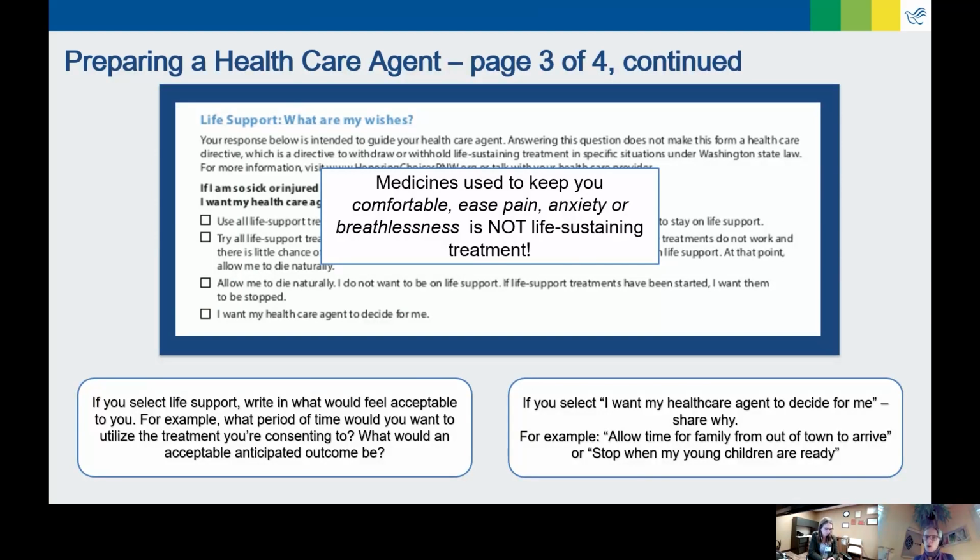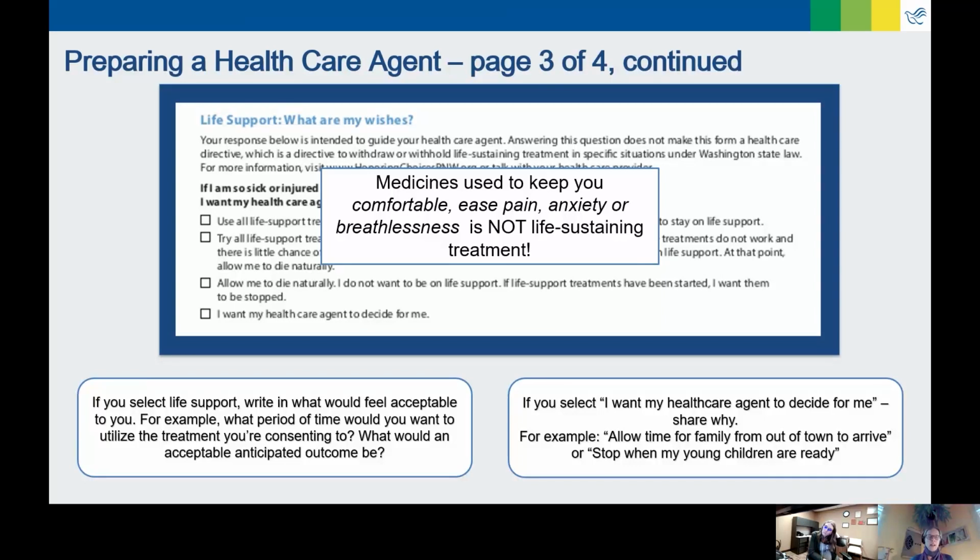The first one is use all life support to keep me alive, even if there's little chance of recovery. I would want to stay on life support. That's your first choice. The second choice is sometimes considered a temporary use of life support. So it's try all life support treatments that healthcare providers think might help me recover. So that could be everything that you could imagine.